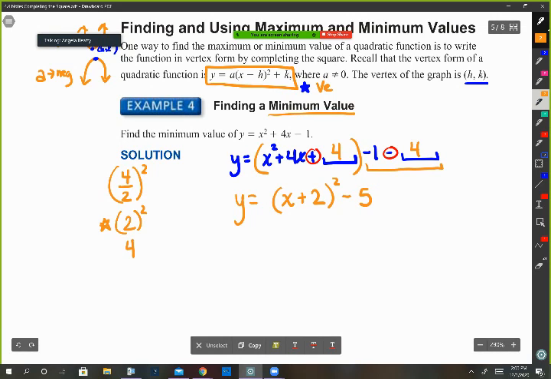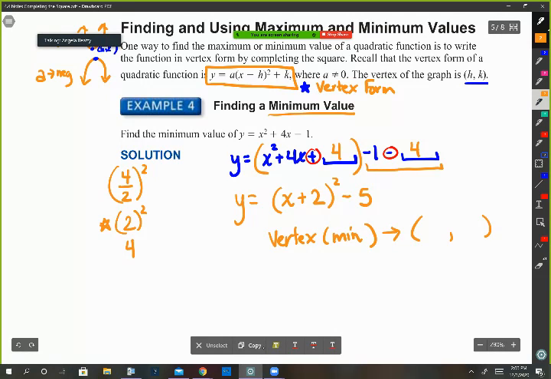This is called vertex form. I have it in vertex form, which helps me find the vertex, so in this case, the max or min point. So in this case, my vertex, which is the minimum, because I know that it faces up, is the point, and I need to figure out what that point is.